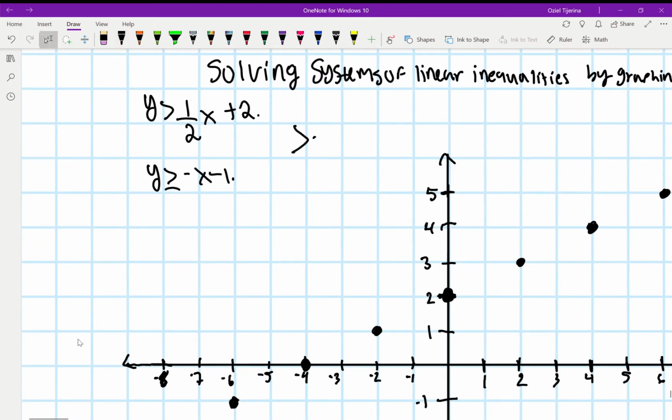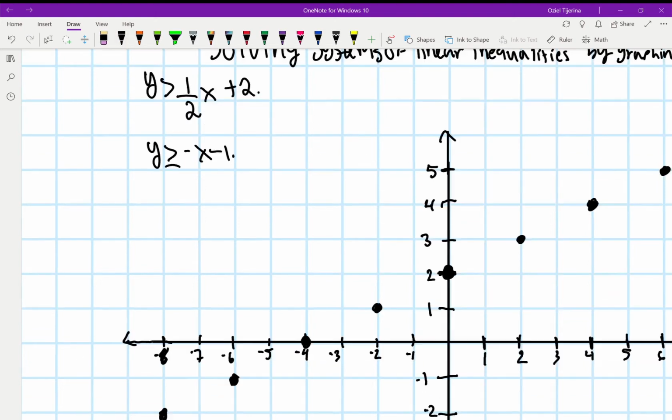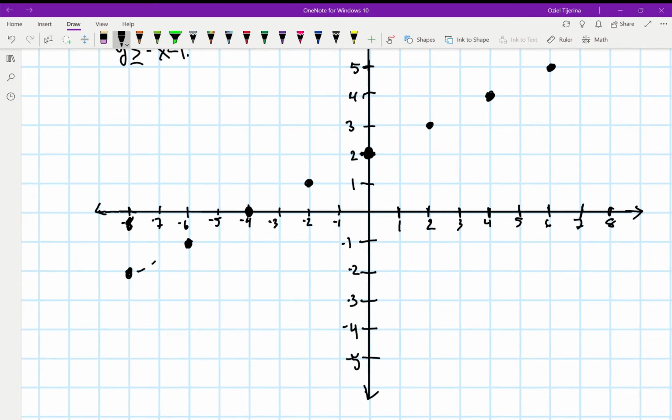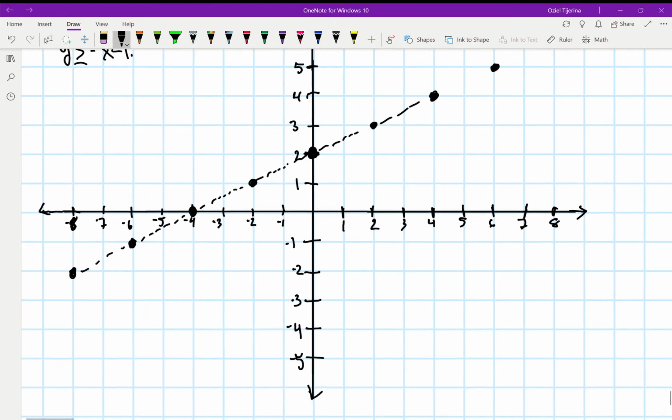So just wanted to reiterate that. We have something like this, or some of you may call it a dotted line, I call it a dashed line, just because to me it looks like that.